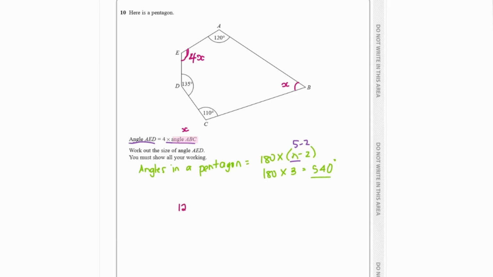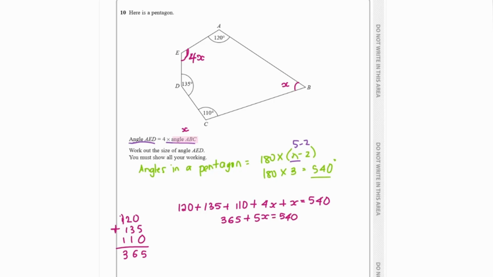So we can write this as 120 plus 135 plus 110 plus 4x plus x is equal to 540. If we first add 120, 135 and 110, that gives us 365. So we can now write this in a simplified form as 365. 4x plus x is 5x, so we can write 365 plus 5x is equal to 540.